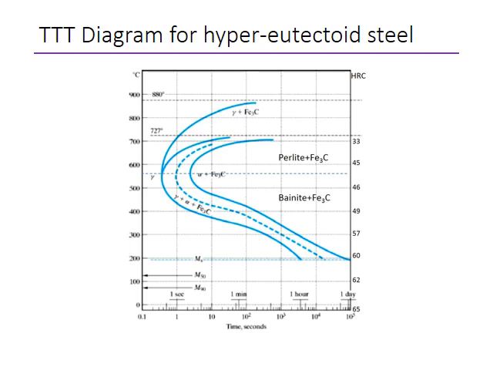For the hypereutectoid steels, we have to remember that now we are on the other side. So this is the 0.77. So now we are going to be creating austenite plus cementite.